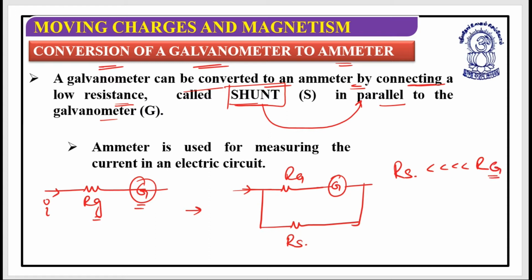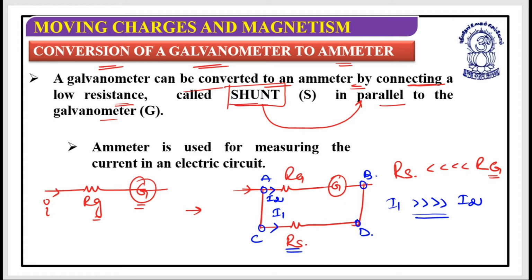Let's say AB and CD are connected in parallel with each other. When this resistance is much lower, a larger amount of current flows through it. If this is I1 and this is I2, then I1 would be much greater than I2. Why?